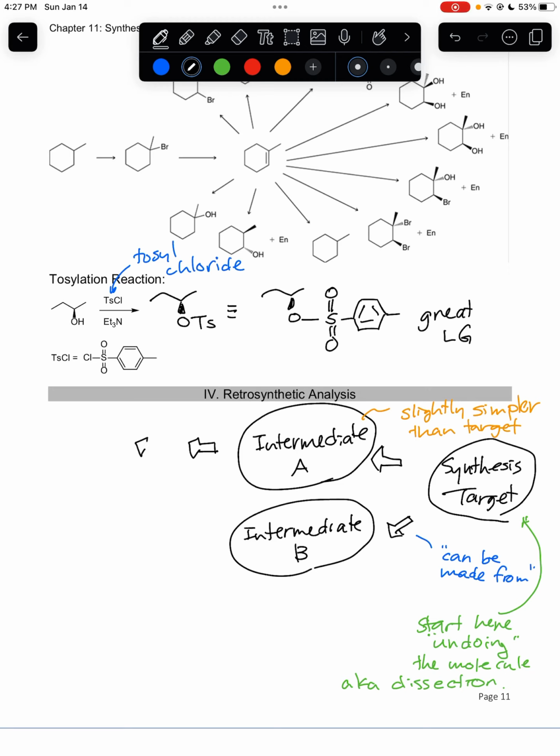It might take more than one step, but let's say this intermediate, you can think of a way that you can make it from this starting material A. Hallelujah. So then this, let's say, is commercially available.